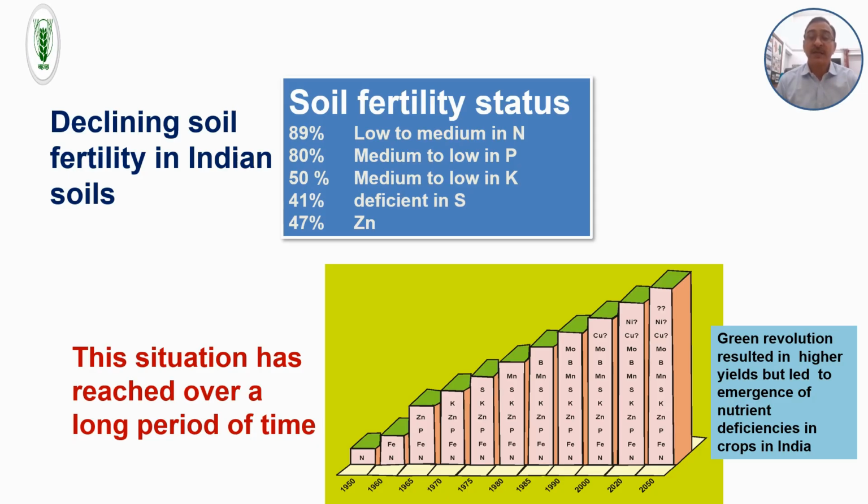With the green revolution we have achieved very high yields, but nutrient mining has been a continuous process, and that's why we see how, gradually, from 1950 to the present, 2020, many nutrients have become deficient in Indian soils, and this will continue unless we manage them properly.